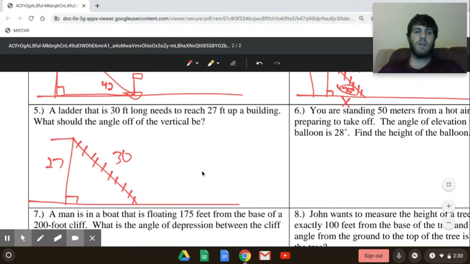What should the angle off of the vertical be? What they're really asking for here is this angle here.